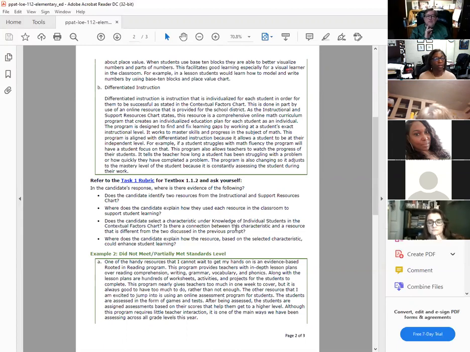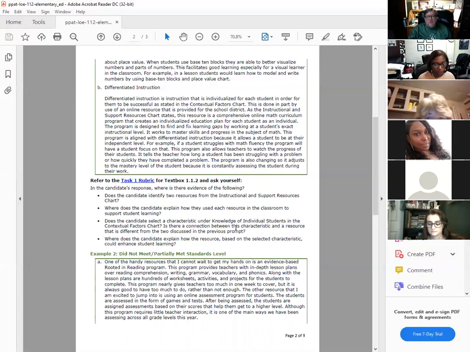So you can see the question was, explain how you would use each in your classroom to support student learning. And it says it will help our students to, first of all, visualize learning with tactile objects, and also to visualize the numbers and parts of numbers as they break those cubes apart.